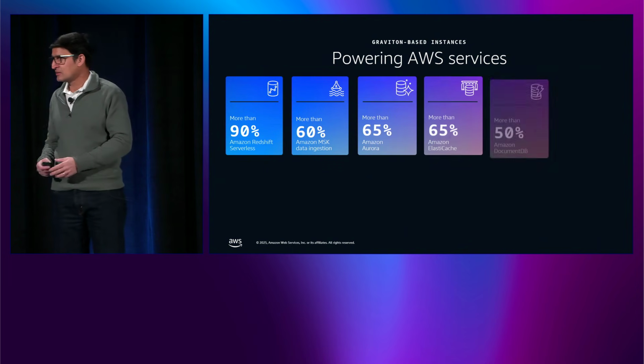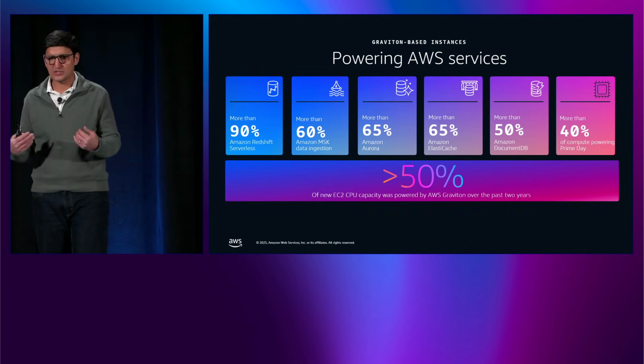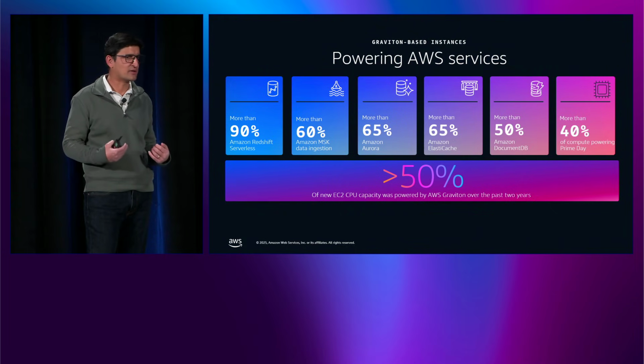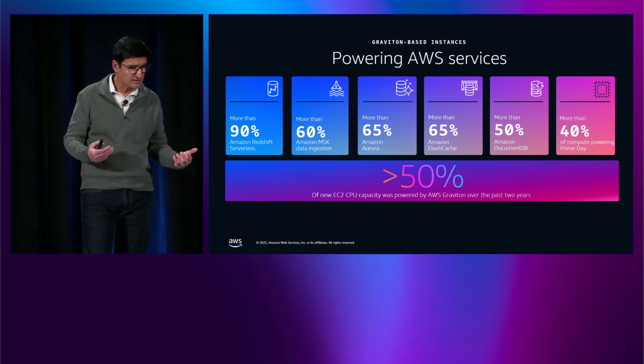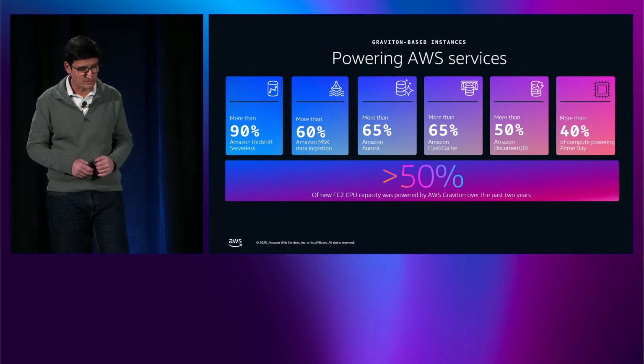It's not just our external customers. Our own internal customers, which are AWS services, are also rapidly growing their usage on Graviton. For example, over 90% of Redshift serverless runs on Graviton.